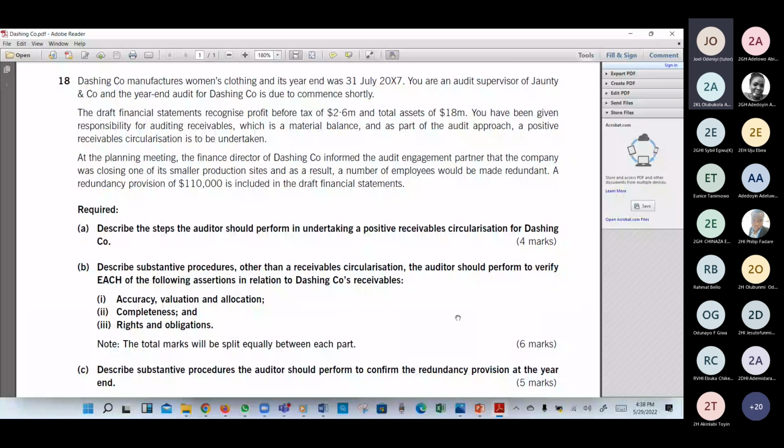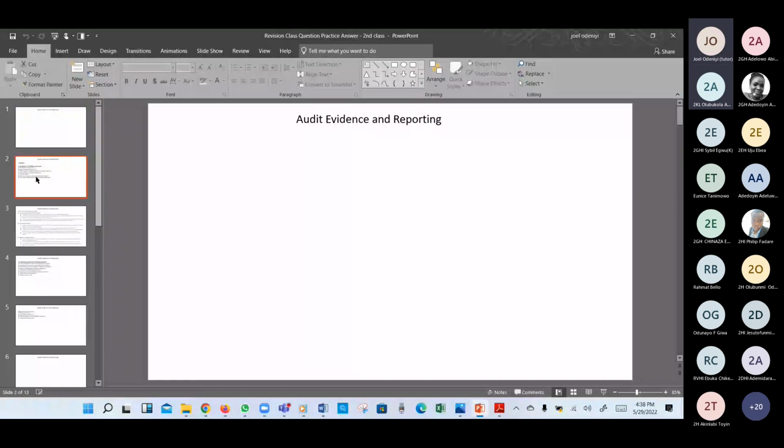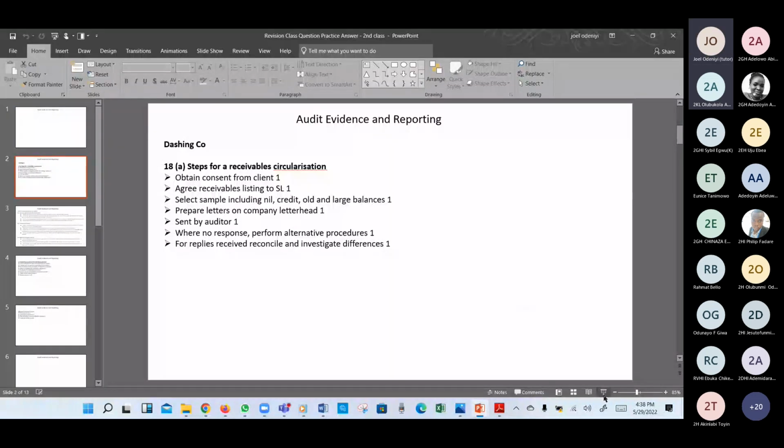So maybe I should just show that now. So these are pretty much some of the steps you carry out. Obtain the consent letter from the client. Essentially, you discuss with the client the intention to circularize the customer. And then agree the receivables listing to the sales ledger.